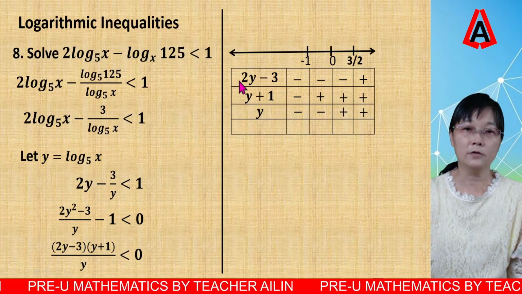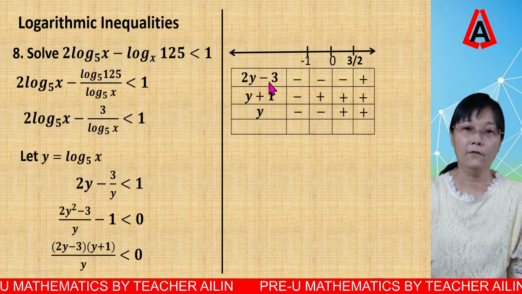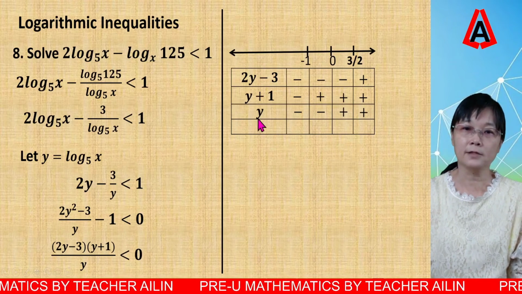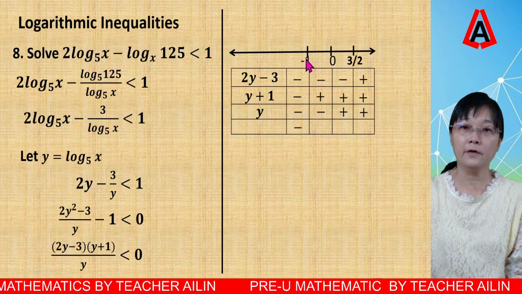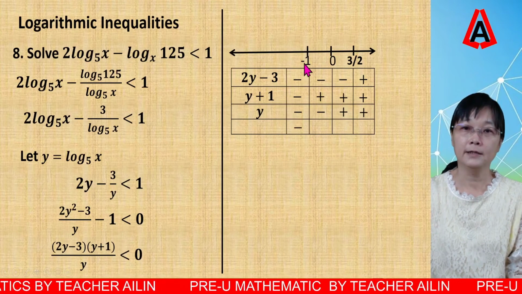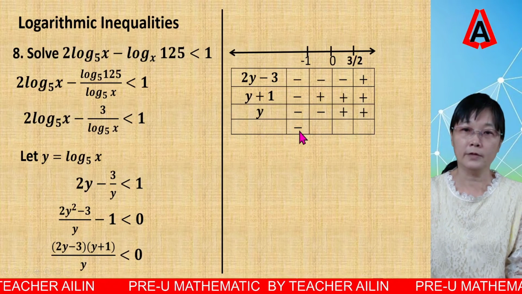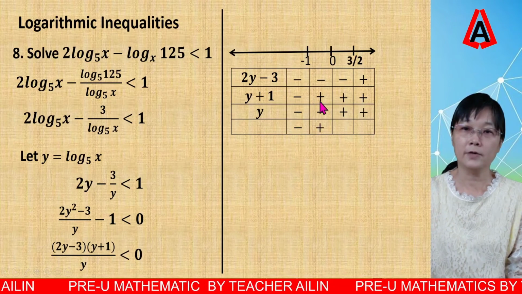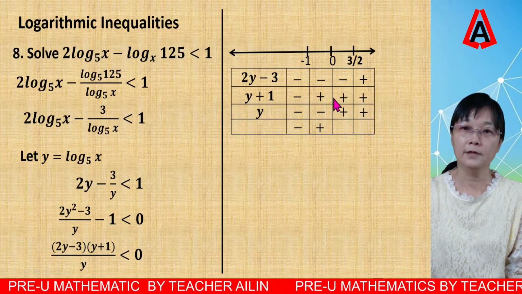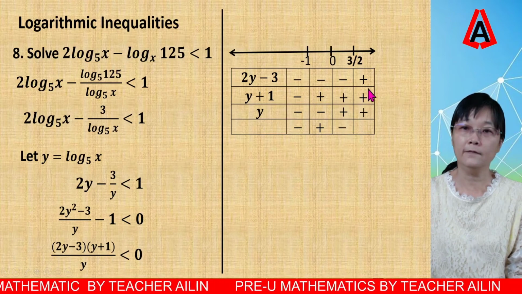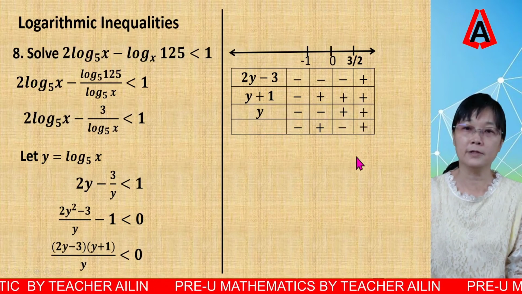So now I'm going to combine all the signs for these three factors. For the values of y which are less than -1, we will get negative. This one, positive. This one, negative. And finally, positive.